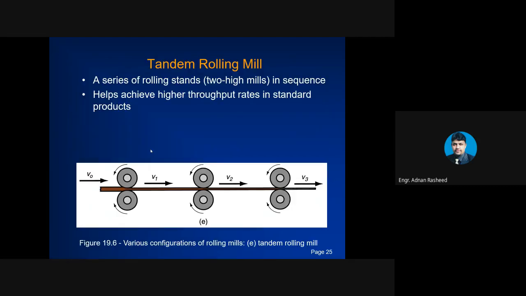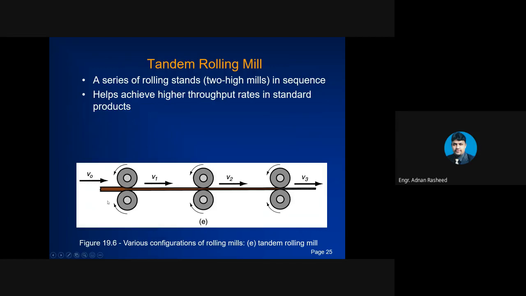Tandem roller mills. In tandem roller mills, we have seen that there are arrangements installed side by side or near each other. A series of rolling stands, two-high mills in sequence, helps achieve higher throughput rates in standard products.